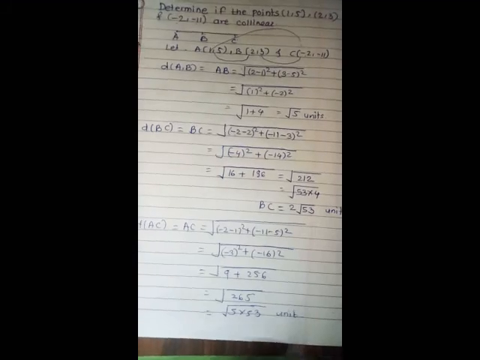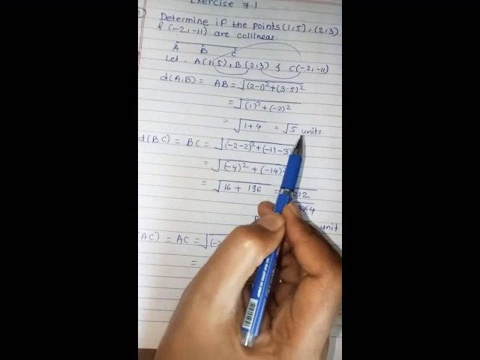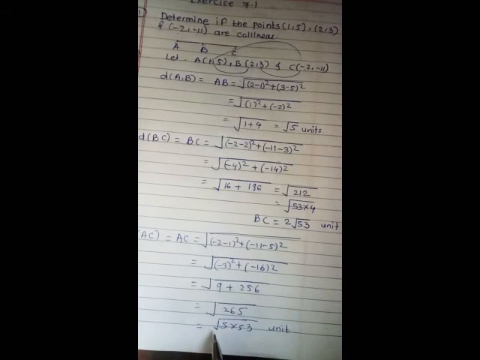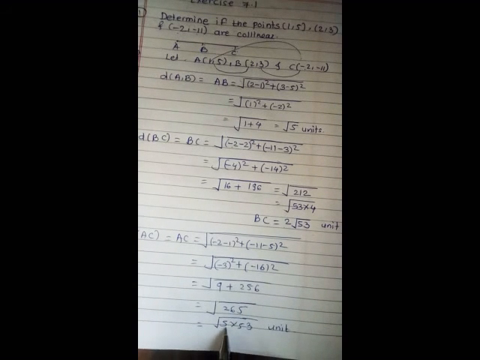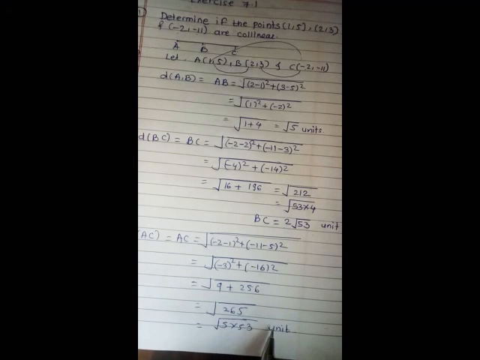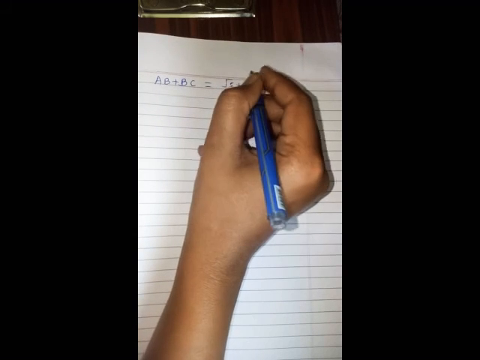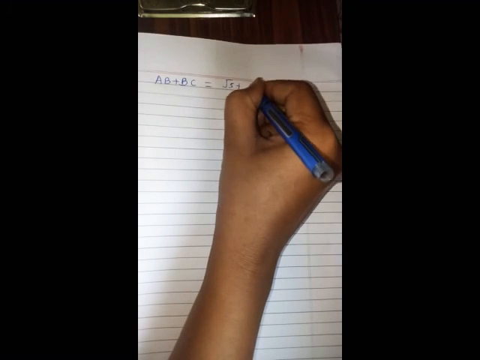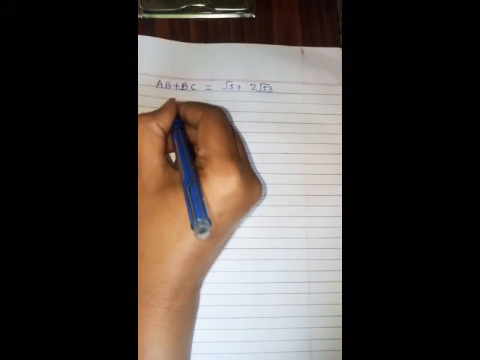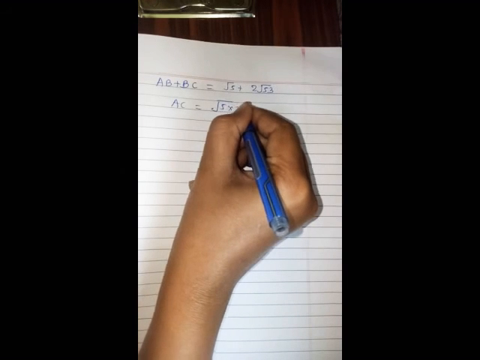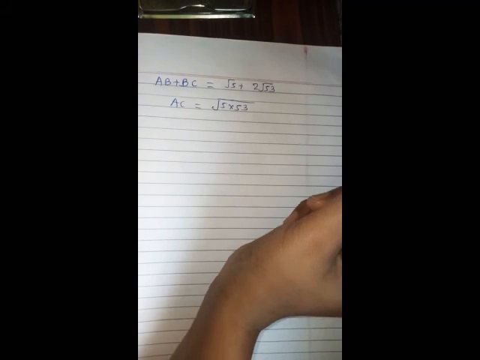So by using this, the distance between points A and B is root 5, the distance between points B and C is 2 root 53, and the distance between points A and C is root 265 units. So we write AB plus BC: the value of AB is root 5 plus the value of BC is 2 root 53, and the value of AC is root of 5 into 53.